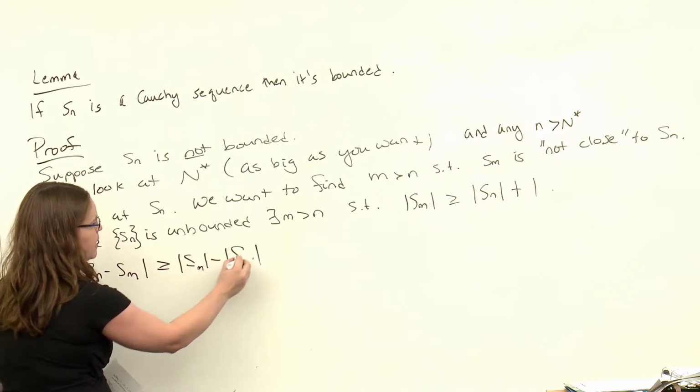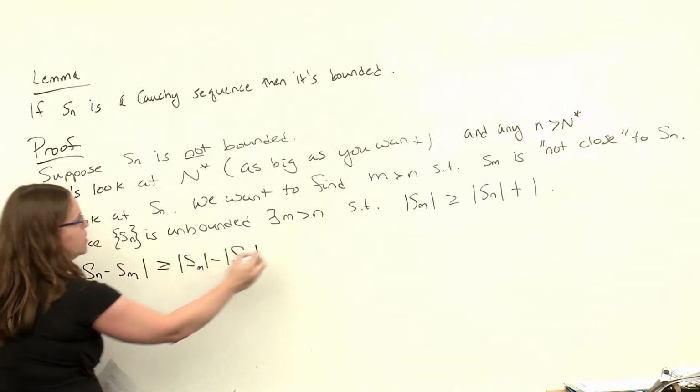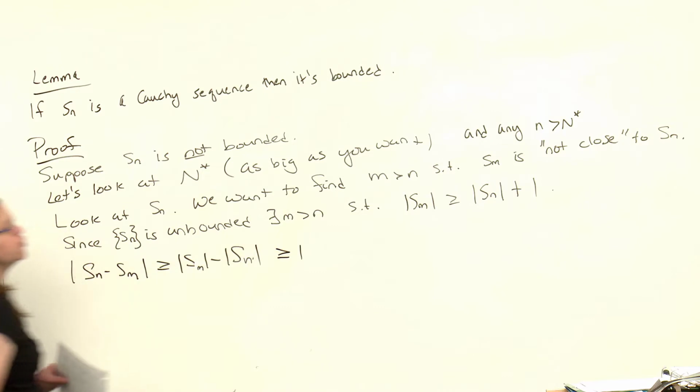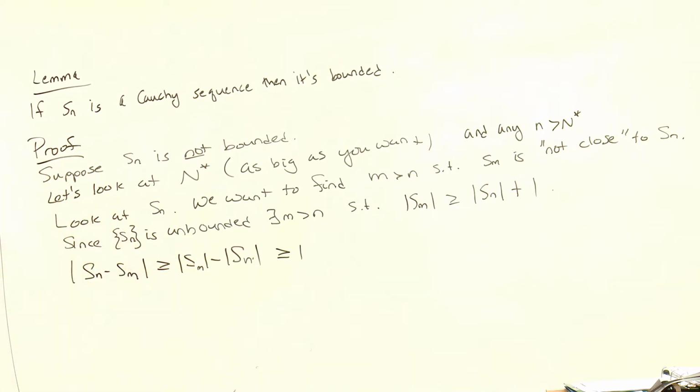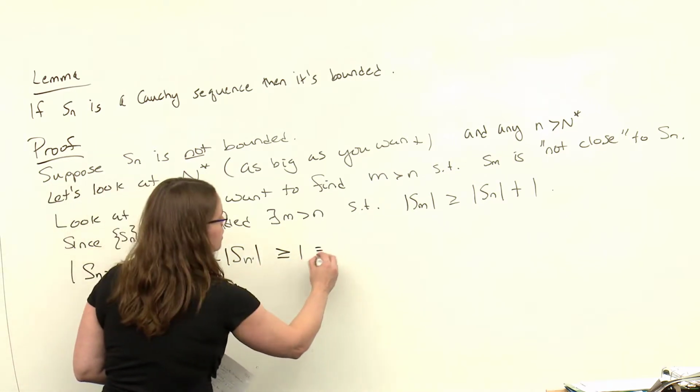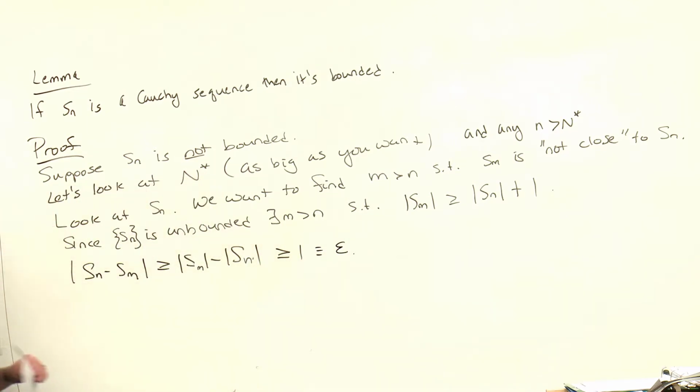Sm minus Sn, which we know is bigger than or equal to 1. Right? We designed Sm to be much bigger than this, at least 1 bigger than this. And now I'm going to call this my epsilon.